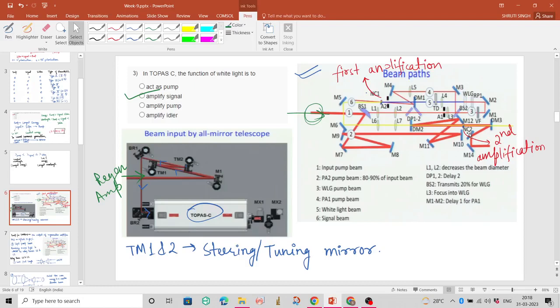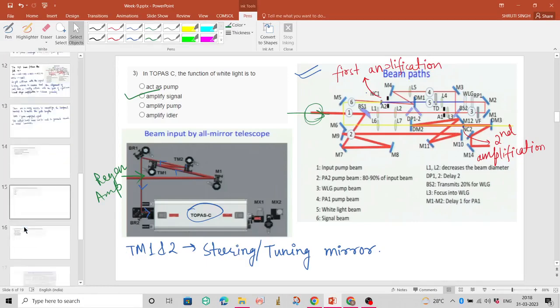For the first generation of white light, we use the 20% light. Then we amplify the signal using that 20% light. Then we get the signal with moderate amplification, and then at nonlinear crystal 2, we use this 80% light to get higher amplification.